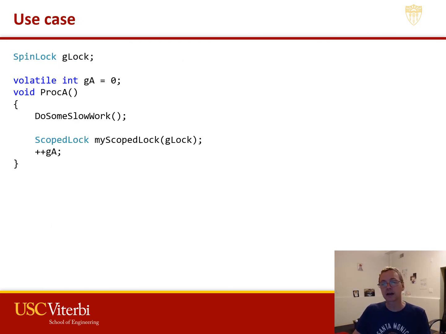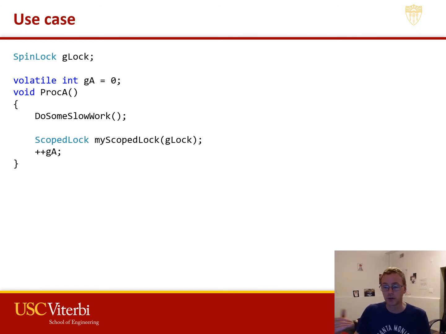Putting that into practice looks like this, where we used to have a lock-unlock pair. Now we have a scoped lock, and then we simply let that scoped lock fall out of scope and automatically free itself. This protects us. If the code was more confusing, where you could lose track of exactly what the flow through here was, it could sort it out for you. Not a big deal.